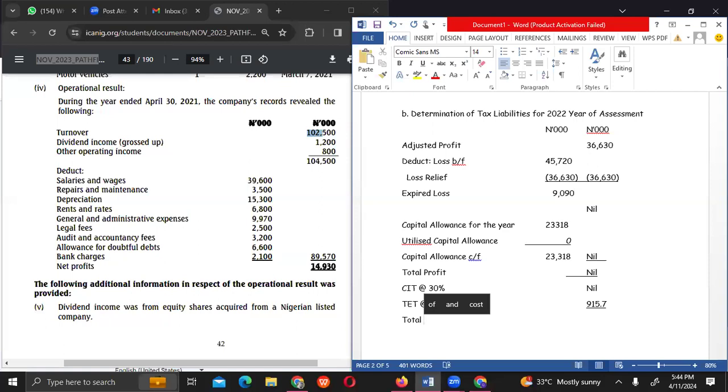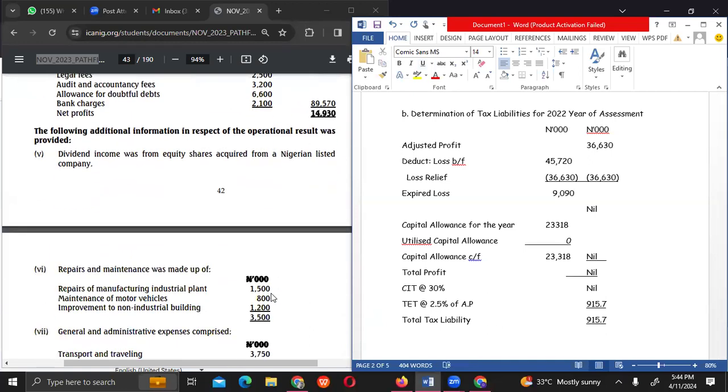It's because it's in the first year of the post-pioneer period, so it's under the commencement rule. Do not pay minimum tax. Thank you. And that is the end of it.